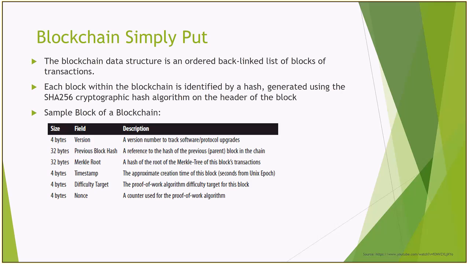a block is a data structure which has a version number, a previous block hash, and I'll come back to hash. It has a Merkle root, which is a hash of the root of the block's transactions, the timestamp of when the data structure was created, the difficulty target and the nonce.